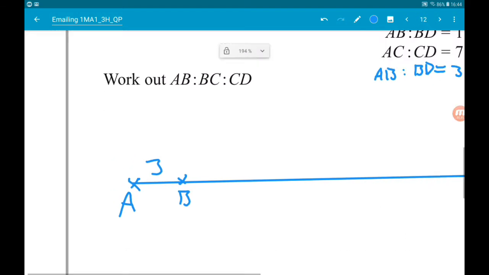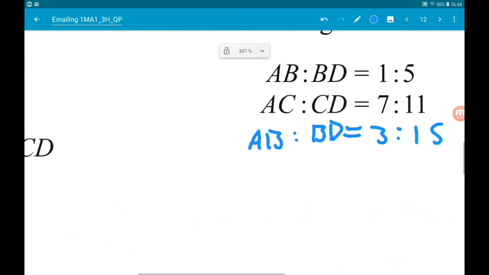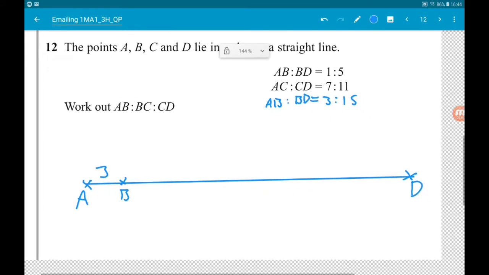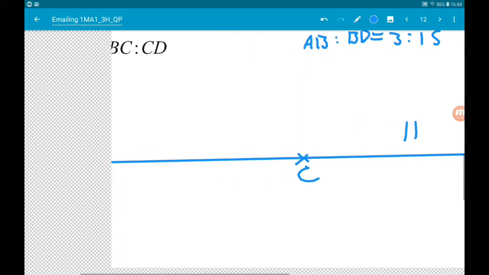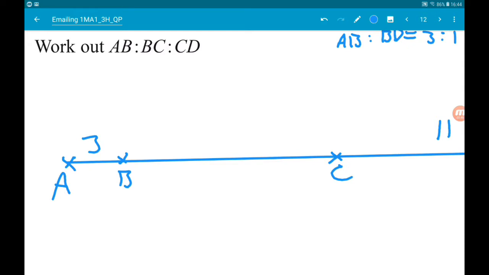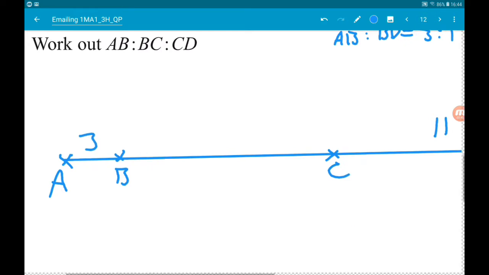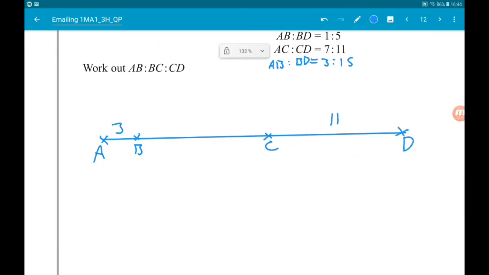We know that CD is 11 long. So, from that, we can work out that the line has to be in 18 parts.